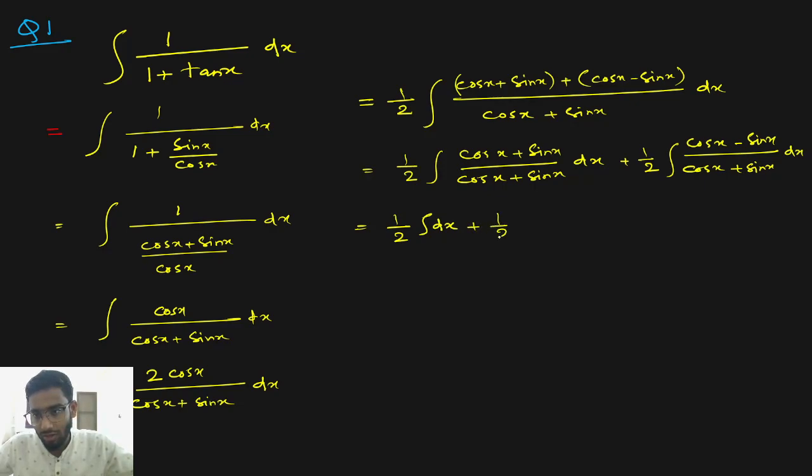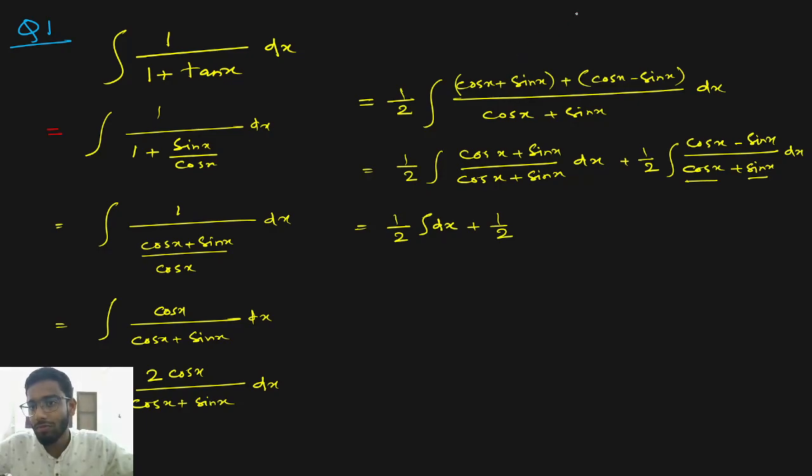The second one, if you clearly see, this fraction is having the differentiation of the denominator in the numerator. See, cos x has differentiation minus sin x and sin x has its differentiation as cos x. So let me show you the differentiation.